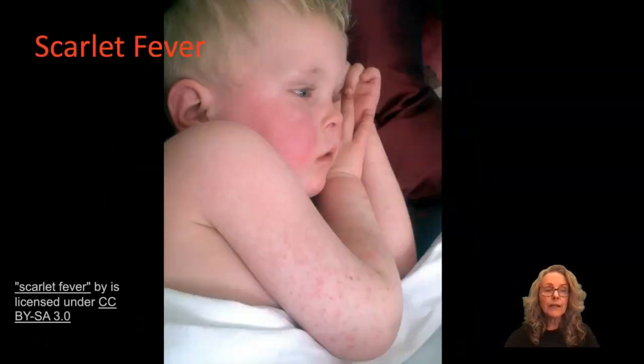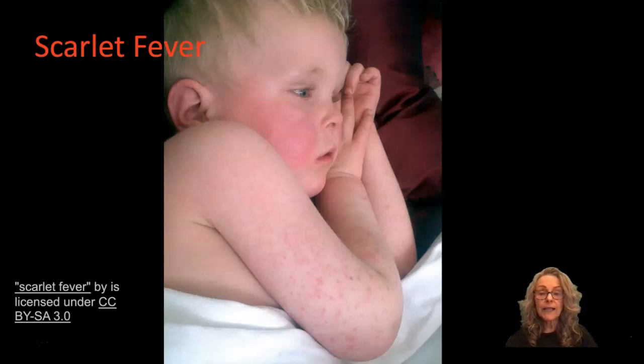Scarlet fever is caused by a toxin secreted by special strains of Streptococcus pyogenes, an erythrogenic toxin that is specifically produced when S. pyogenes is lysogenized by a bacteriophage. That means a virus called a bacteriophage has infected this bacteria, and that's what causes it to produce a toxin.